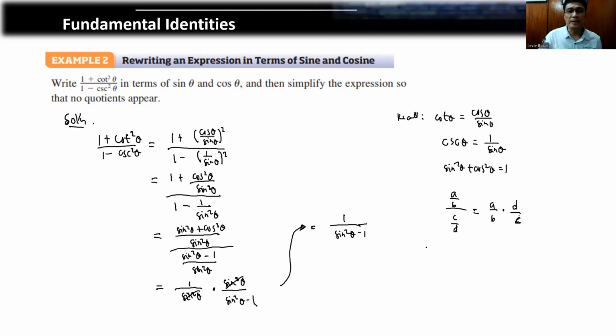Now, look at sine squared theta minus 1. One of the expressions that we can derive from this identity is cosine squared theta equal to 1 minus sine squared theta, right? But this is sine squared theta minus 1 instead of 1 minus sine squared theta. So what do we do?